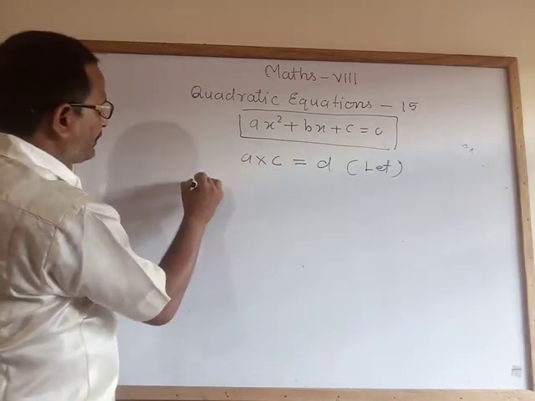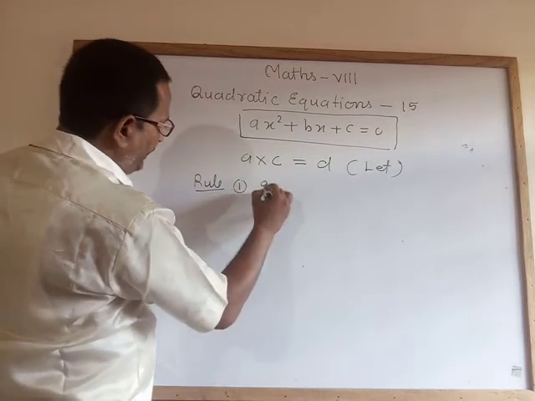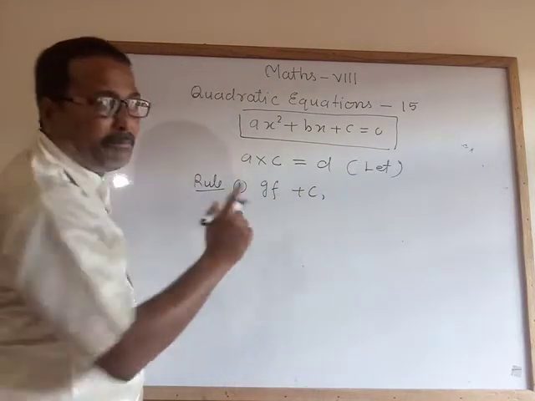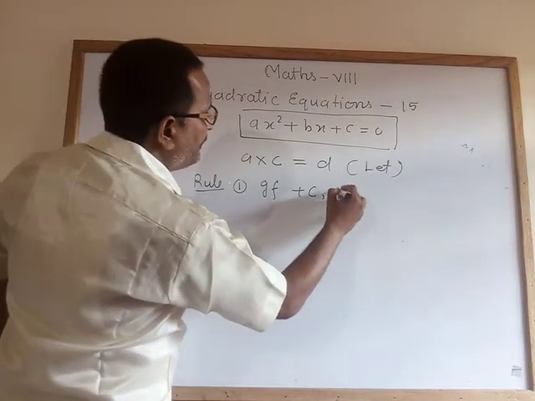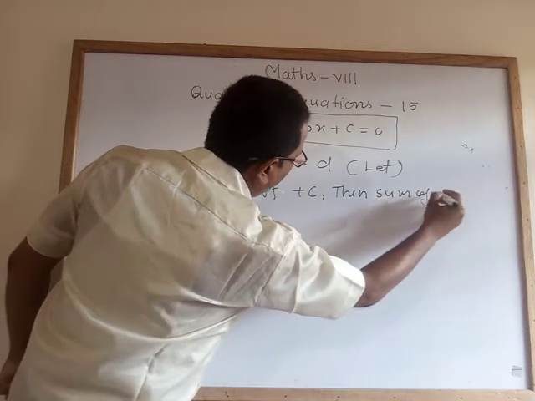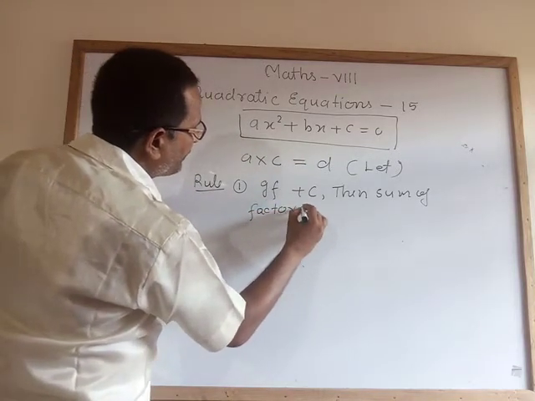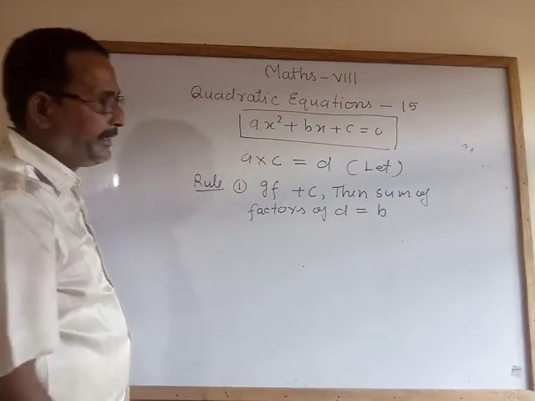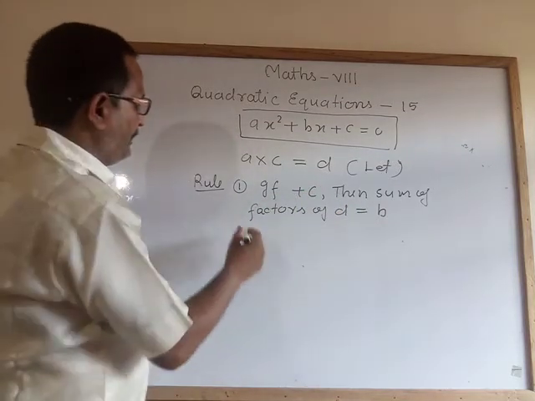Now the first rule: if in front of c there is a plus sign, that is, if c is positive, then the sum of the factors of d should be equal to b.